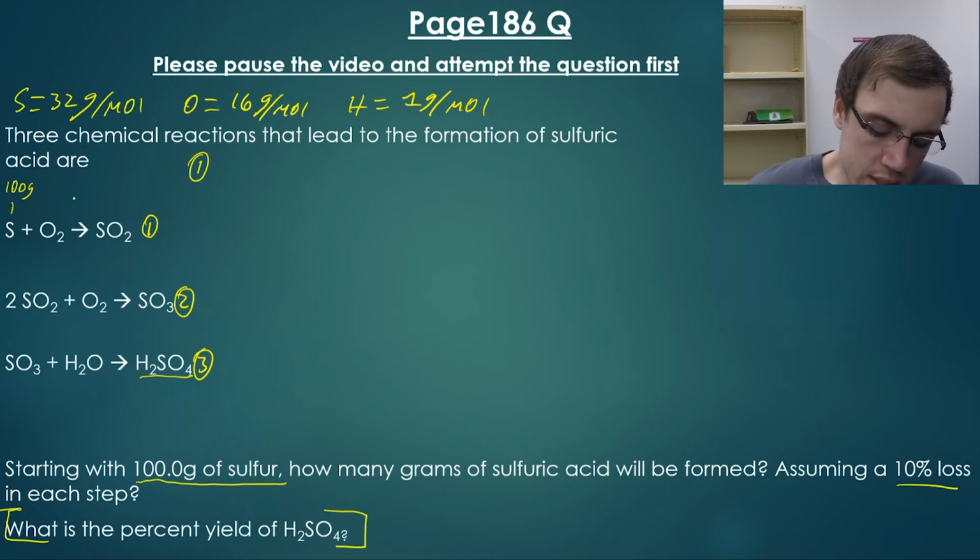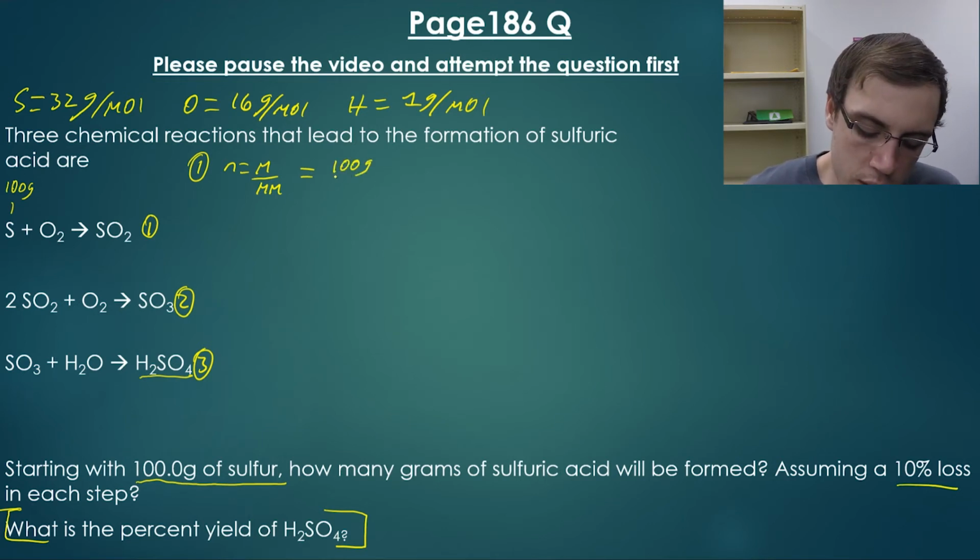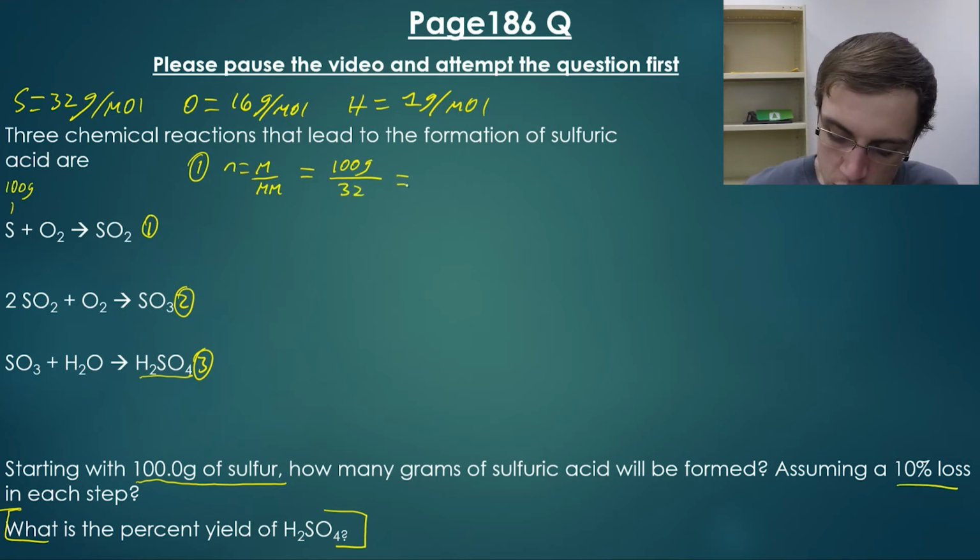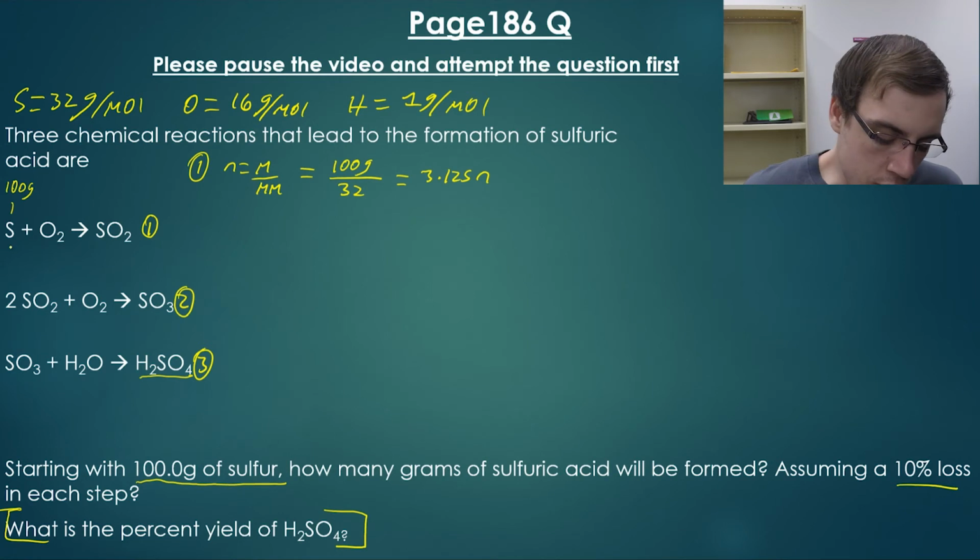So we're now going to calculate the number of moles of sulfur. So we go moles is equal to mass over molar mass, which means that we're going to have 100 grams of sulfur divided by, because it's just sulfur, it's 32. And that's going to give us a total mole concentration of 3.125 moles.